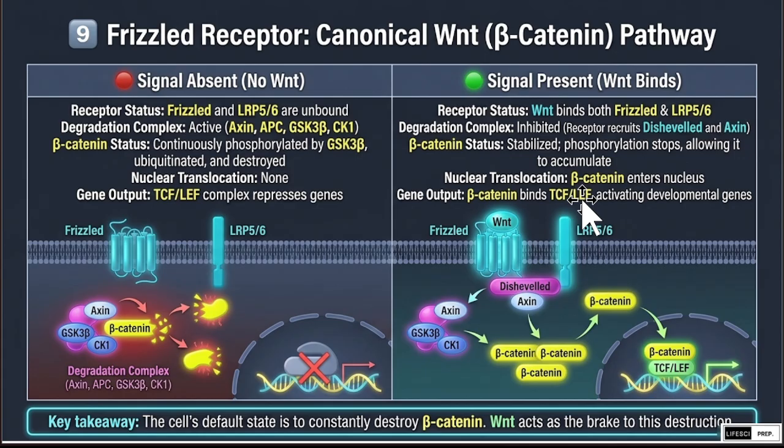But in the presence of signal, Frizzled and LRP 5 and 6 are bound and recruit Dishevelled and Axin. Due to that, the degradation complex remains in an inactive form. The beta catenin will not be ubiquitinated or destroyed, and the beta catenin enters the nucleus and binds to TCF and LEF, and the gene expression occurs.